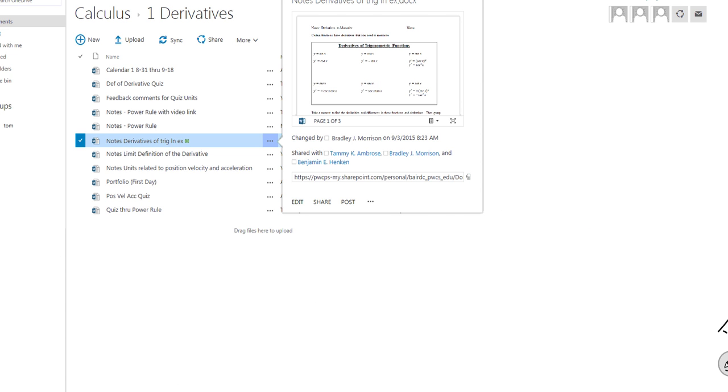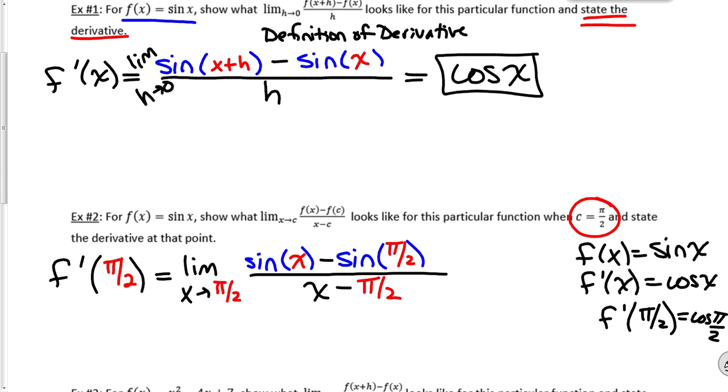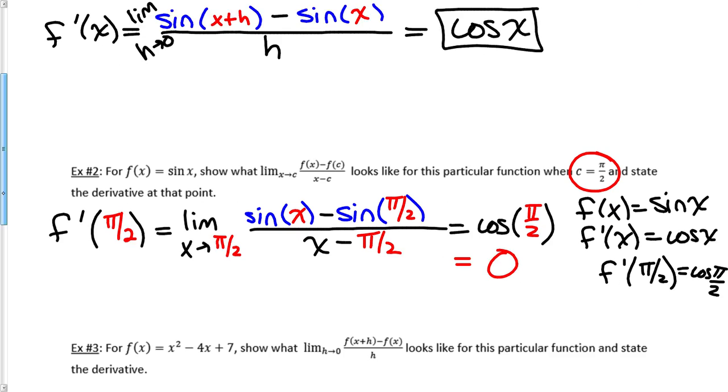Oh dear. Sorry for my technical difficulties. That's cosine of pi over 2. So what this is going to end up being is cosine of pi over 2. And again, we already know what that is, and that is 0. So next one.